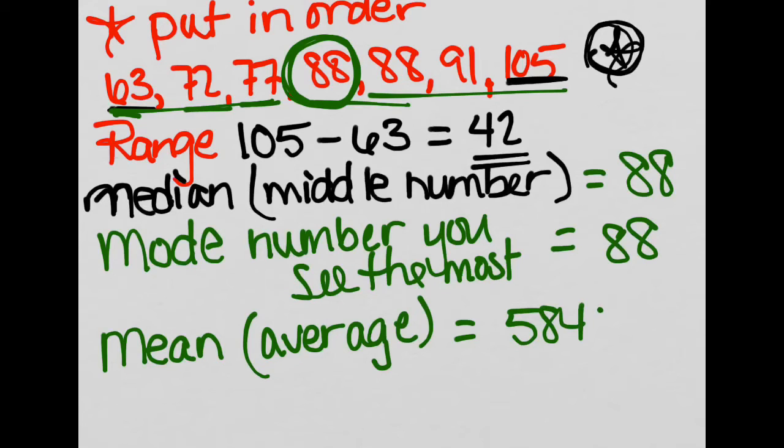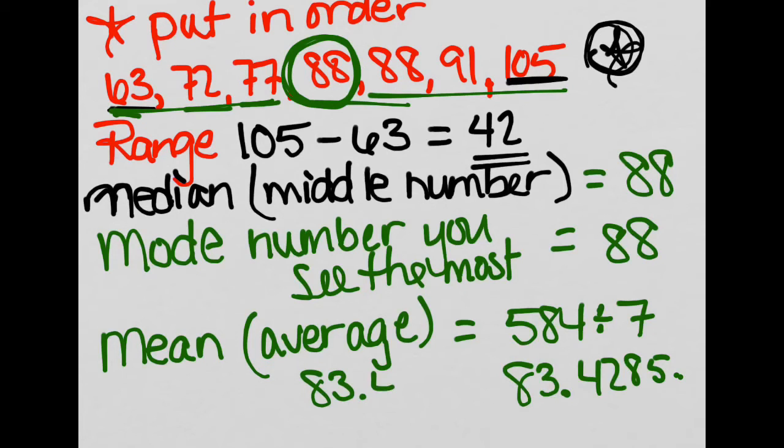Then I'm going to divide by 7 because I have 7 numbers there. So 584 divided by 7 is 83.4285, and it keeps going on and on. So I would go ahead and round this to 83.4. That is going to be my average score.